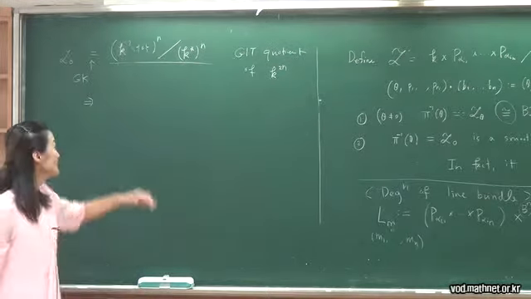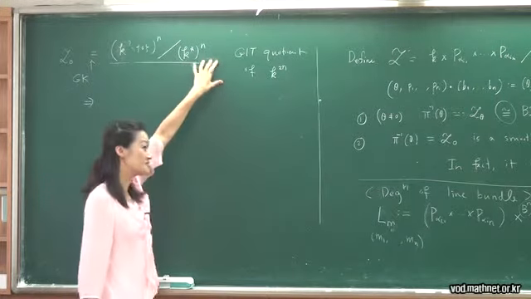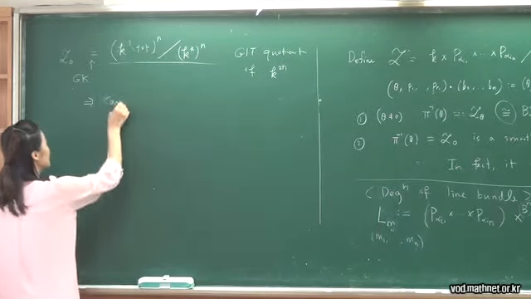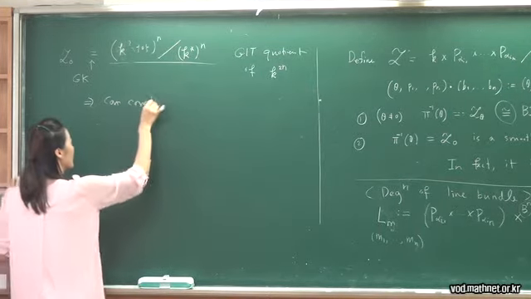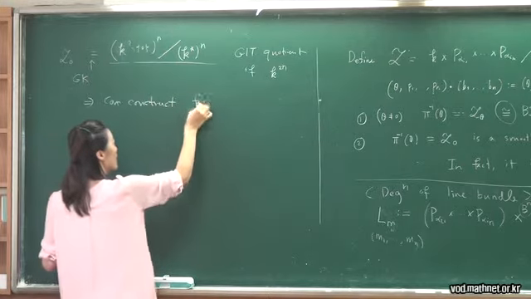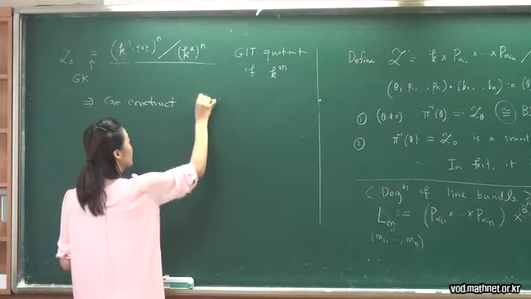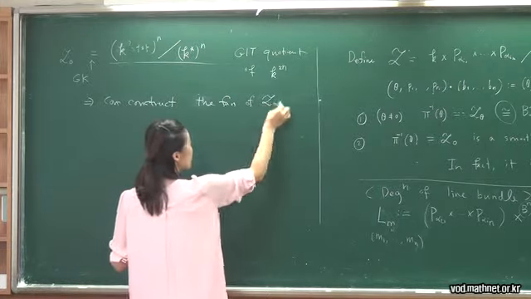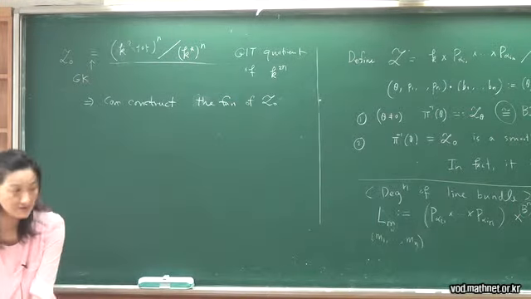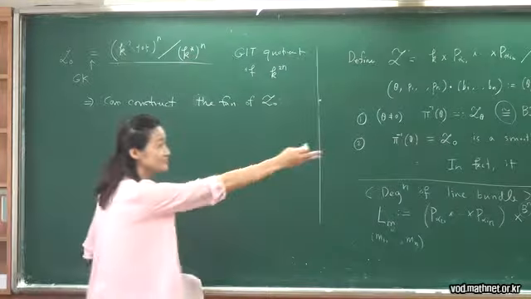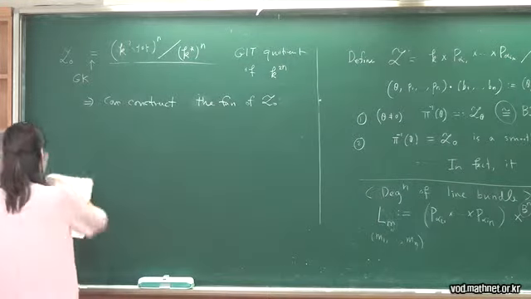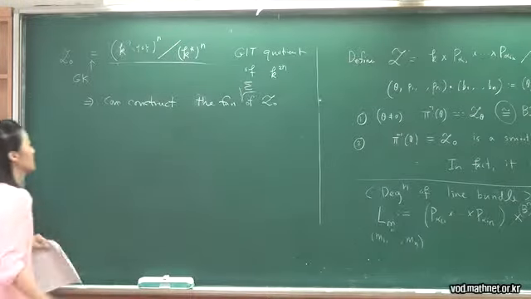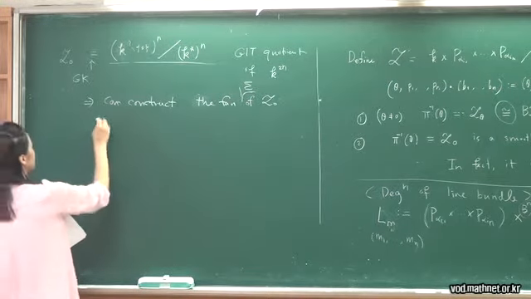And so from this explicit expression, which I'm now writing down, you can construct the fan of Z naught. Let me tell you what it is, because I have to tell you what D is.